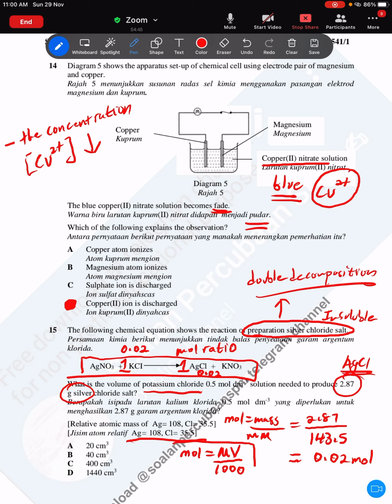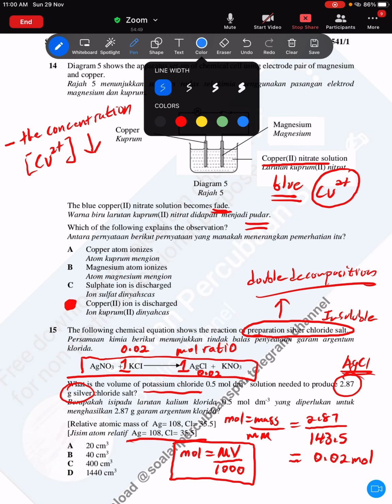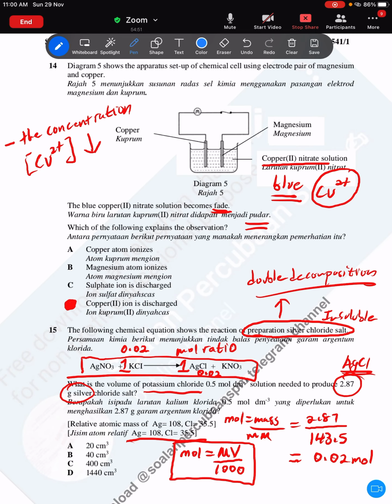The mole becomes 0.02. The molarity is given in the question, 0.5, and the volume is what you are looking for, divided by 1000.